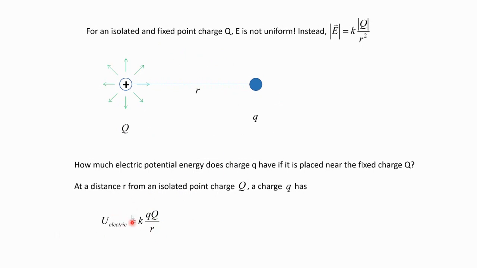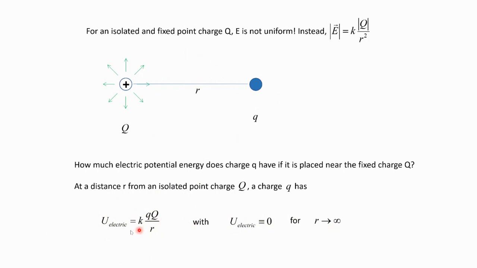Now you might say, where is the zero of the electric potential energy? And the answer is it's kind of built into this formula. If you use this formula, you're using the assumption that as R goes to infinity, you're going to get zero for the electric potential energy. So built into this formula is the assumption that zero electric potential energy is infinitely far away. You can see that with the formula, right?